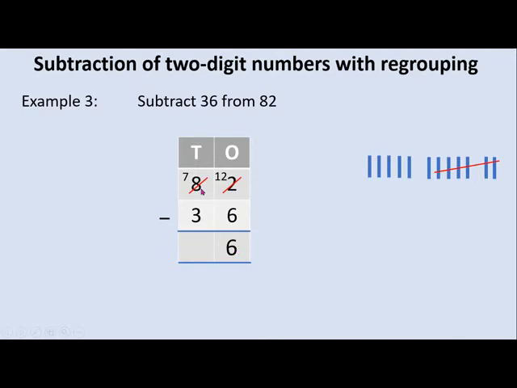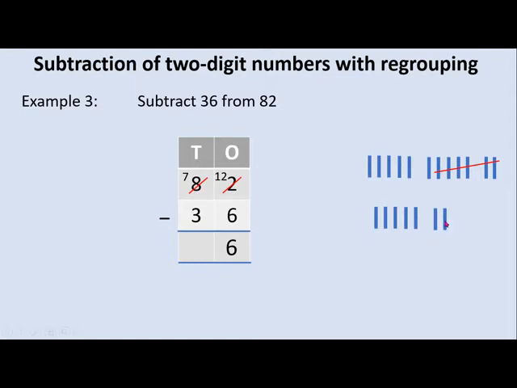Coming to the tens column, here we have 7 tens and 3 tens, or simply I can say subtract 3 from 7. For that, I will draw 7 lines. 1, 2, 3, 4, 5, 6, 7. Minus 3.